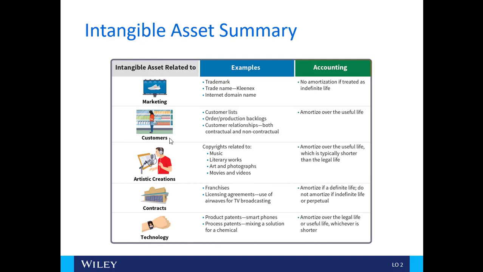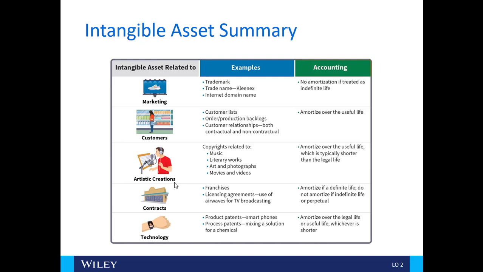Stuff like customer lists, though, if you bought a customer list from someone, now you have it as an asset. So that does have typically a limited life because customer lists go stale. So you would amortize it over how long you think that is. Copyrights, right? So copyrights typically have useful lives based on the legal life that they're given.